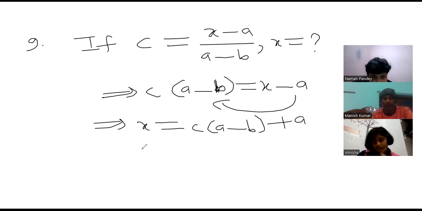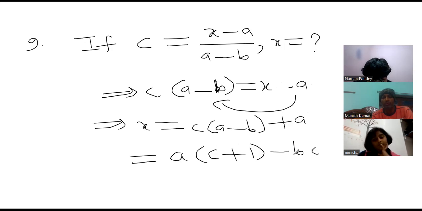Yes, sir. c is equal to x minus a by a minus b. Find the value of x. x minus a equal to c into a minus b plus a, you can write a common, a into c plus 1 minus bc.